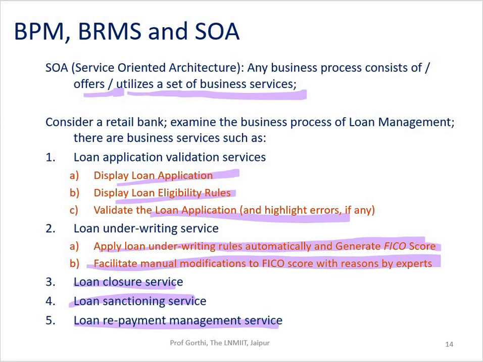It is self-contained and it can be a black box for its customer as well. So in case of service-oriented architecture, it is basically a way to make software components reusable via service interfaces.